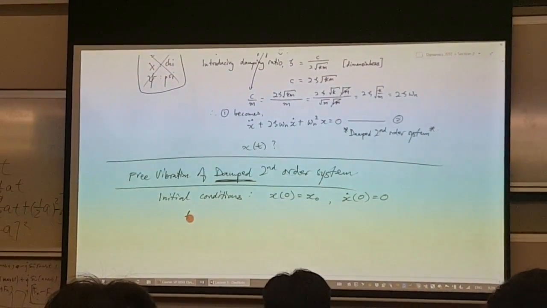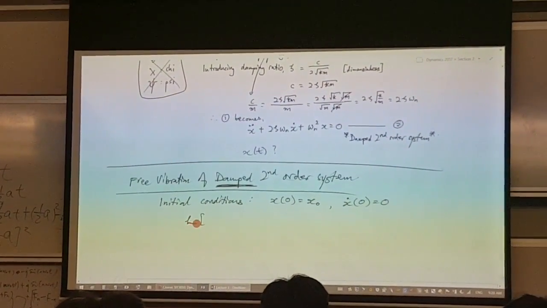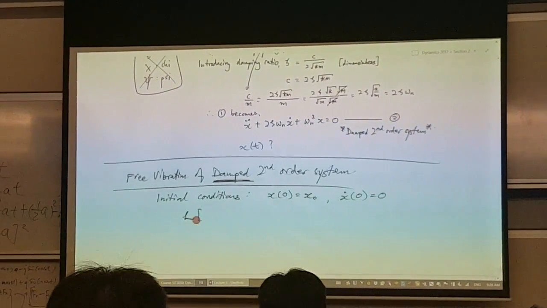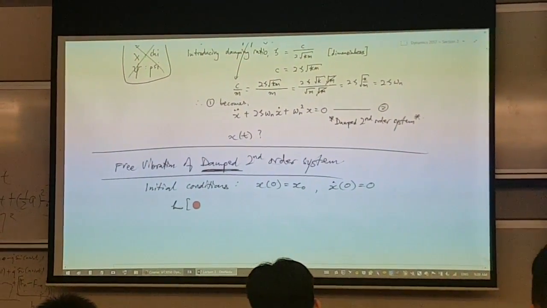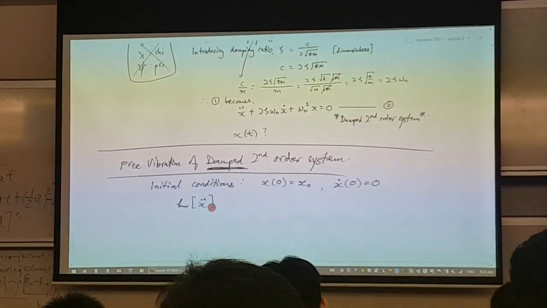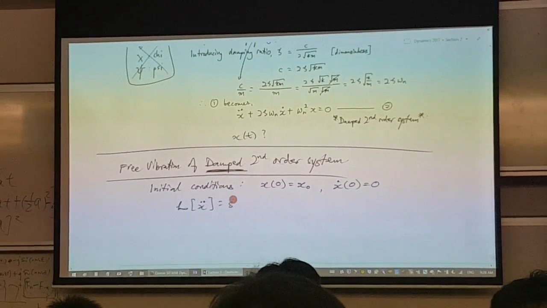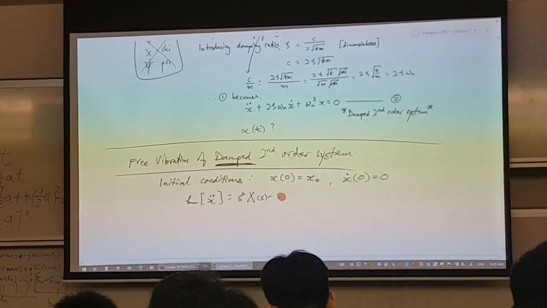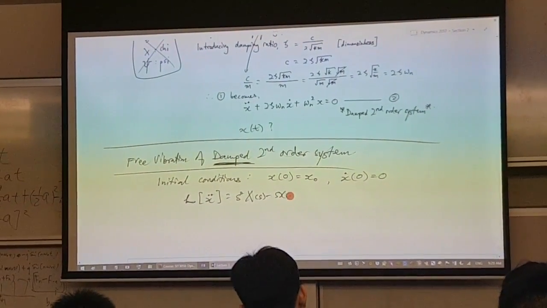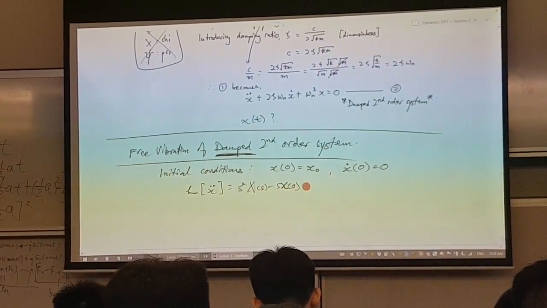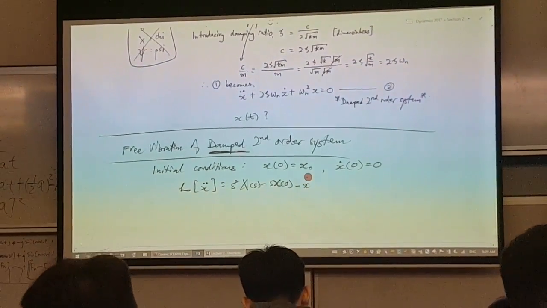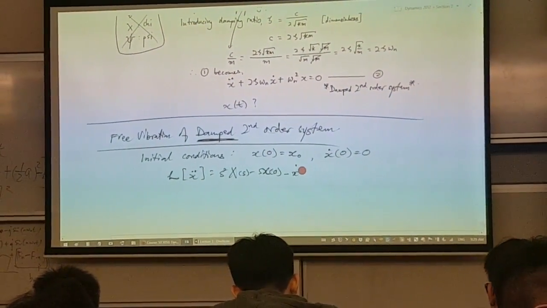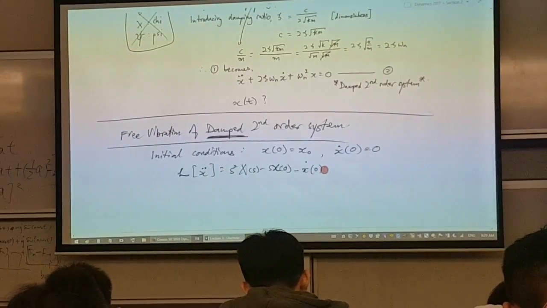If I were to remind you, if I take Laplace, and this symbol over here that looks like an L is the Laplace symbol. If I take Laplace of x dot dot, that's equal to s squared X(s) minus s x at time 0, minus x dot at time 0.